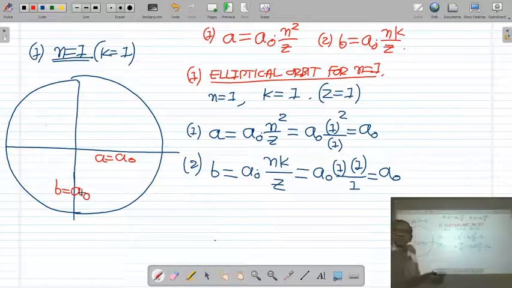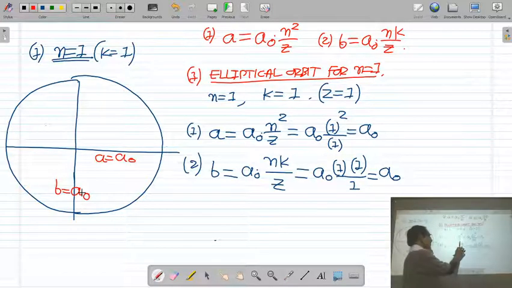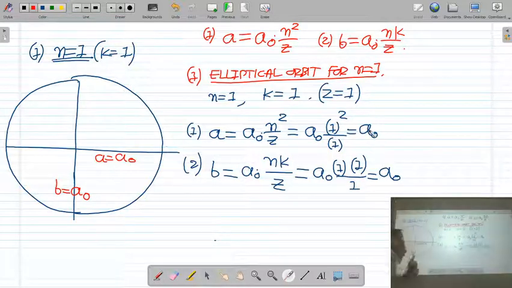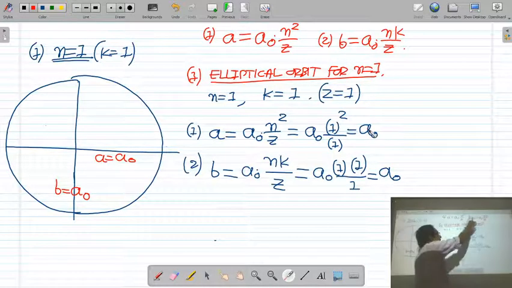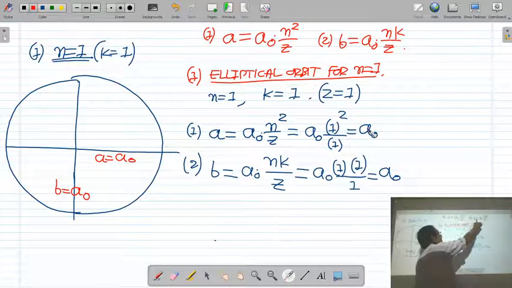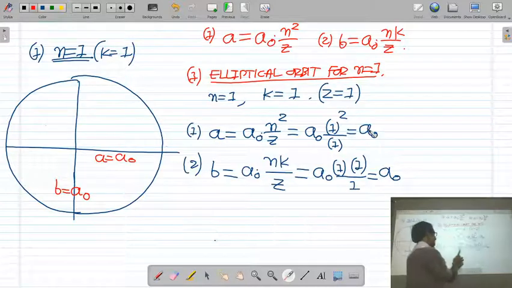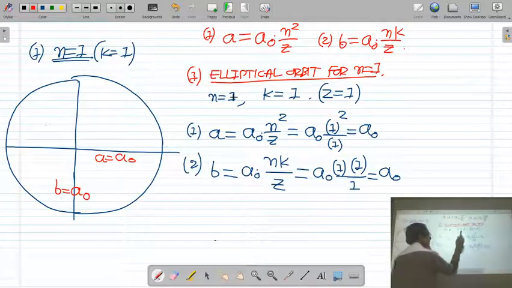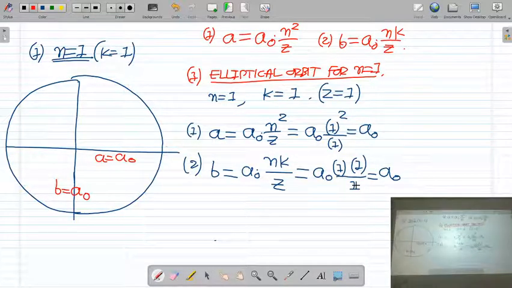So the semi-major axis of the elliptical orbit is a0 n square upon Z. a0 is the Bohr radius, n is 1, and Z is 1, so the semi-major axis of the ellipse is a0. Calculate the semi-minor axis b of the elliptical orbit using the equation a0 n k upon Z. Again a0 is the Bohr radius, n is 1, k is 1, Z is 1. So the value of the semi-minor axis is also a0.